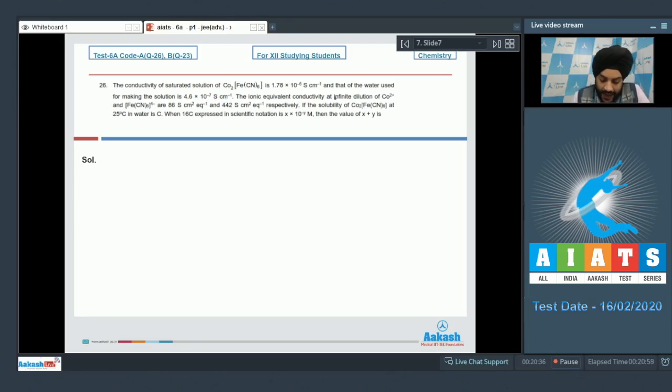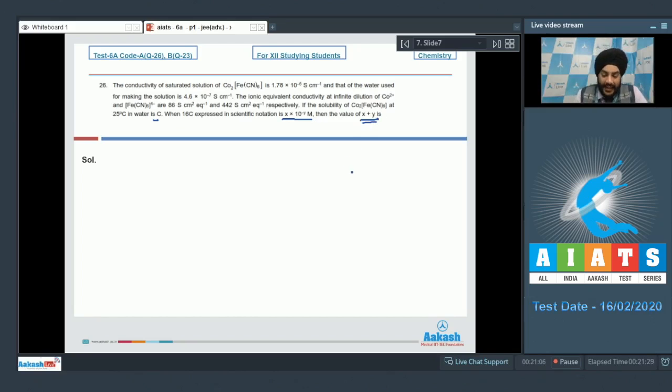The ionic equivalent conductivity at infinite dilution of Co2+ and [Fe(CN)6]4- are 86 Siemens centimeter square equivalent inverse and 442 Siemens centimeter square equivalent inverse respectively. If the solubility of Co2[Fe(CN)6] at 25 degrees C in water is C, when 16C expressed in scientific notation is x x 10^-y, then the value of x + y is.